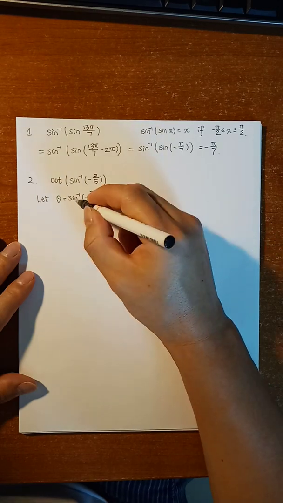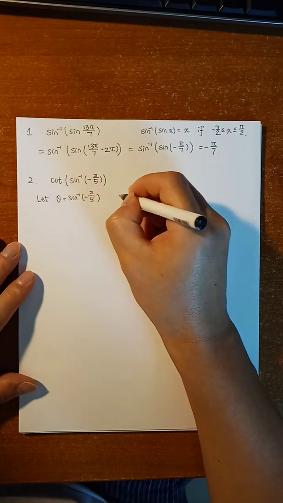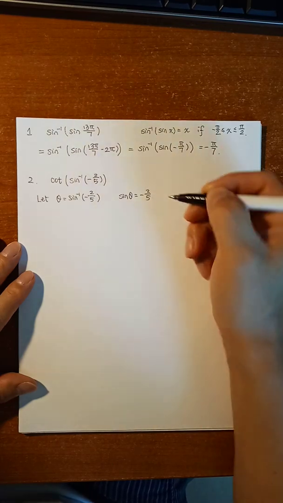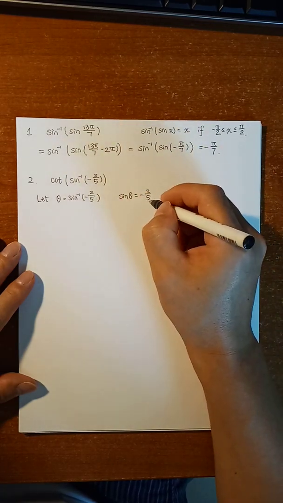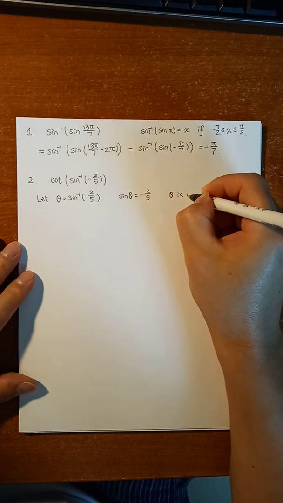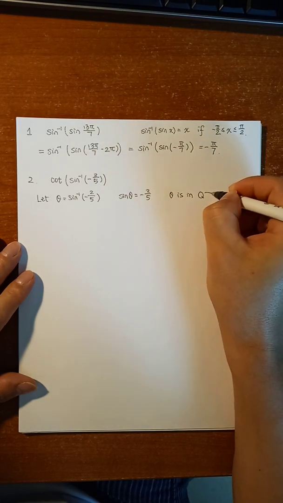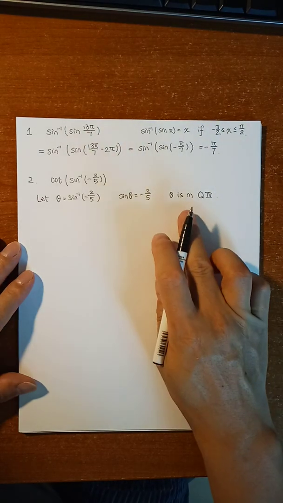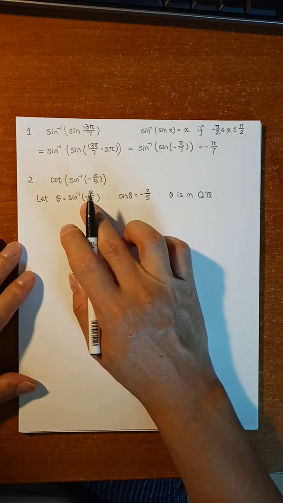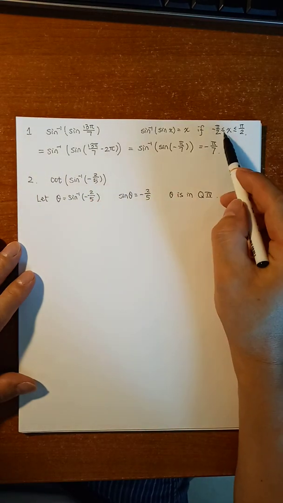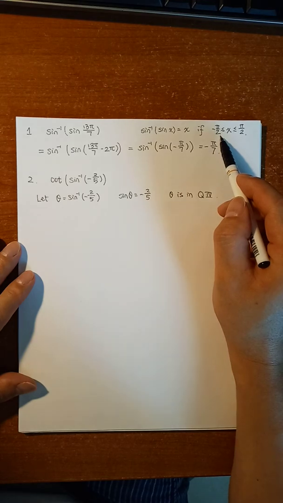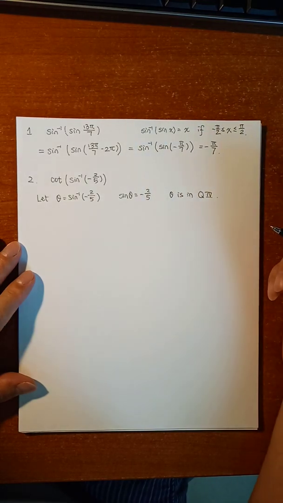Then the property of theta is that sine theta is equal to negative 2 over 5, and theta is in quadrant 4. Theta is in quadrant 4 because you have a negative 2 over 5. The sine inverse has a range in the fourth quadrant and the first quadrant.